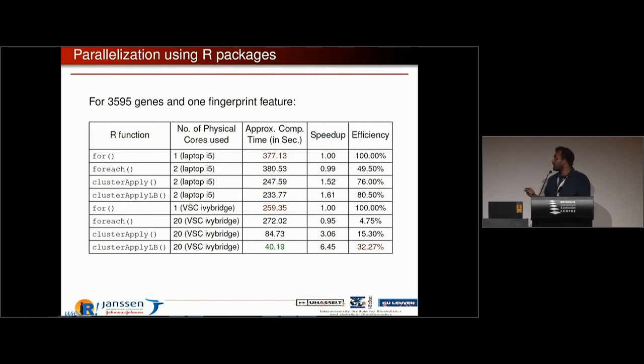A possible explanation is that the way foreach is dividing and combining the tasks is essentially making it worse than the for loop. But as expected, for clusterApply and clusterApplyLB we had quite a lot of gain in time. But again, it's not really efficient when we move to a cluster and use 20 cores. So you want more efficient coding and more speed up.